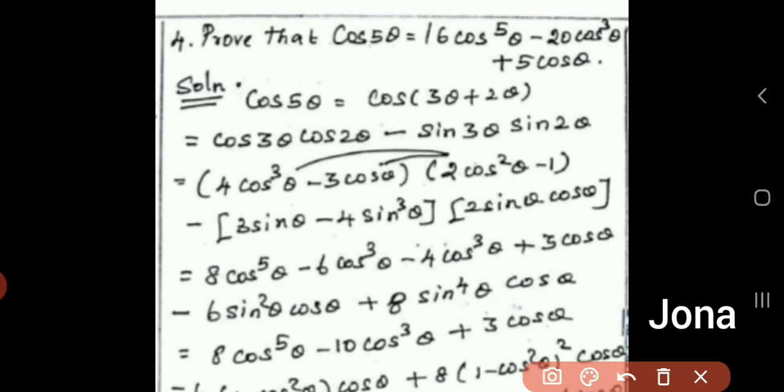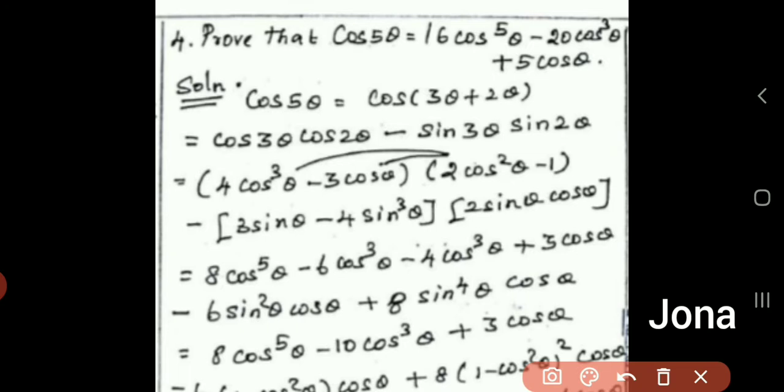And then for this cos of A plus B, I want to write the formula cos A cos B minus sin A sin B. And then again I want to substitute the identities. For cos 3θ we have 4 cos^3 θ minus 3 cos θ.